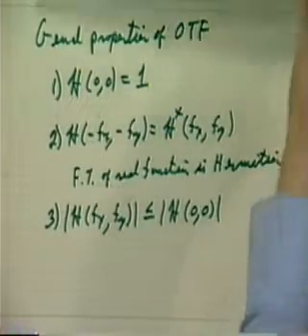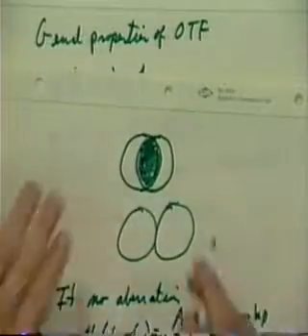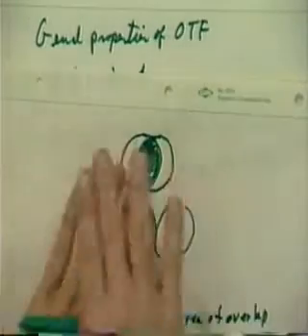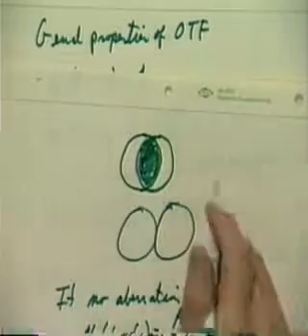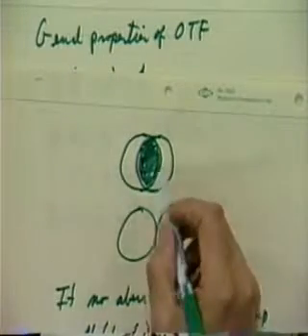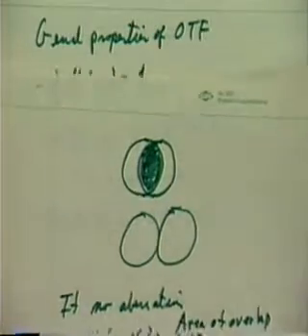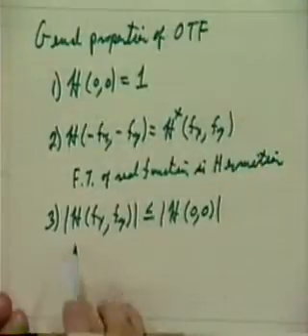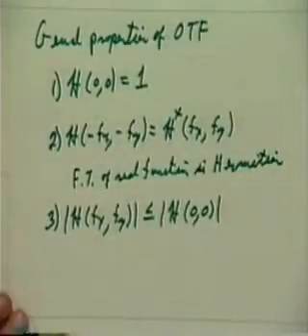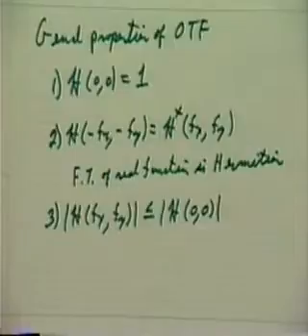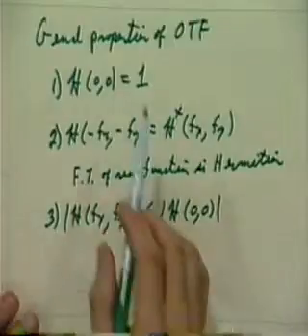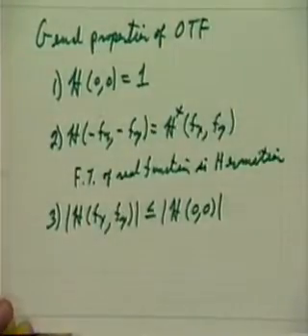But I think if we just go back and think about the autocorrelation function, think about sliding the two images here, it becomes obvious that this is true. Okay. So these are three general properties that come in handy as we work with OTFs.